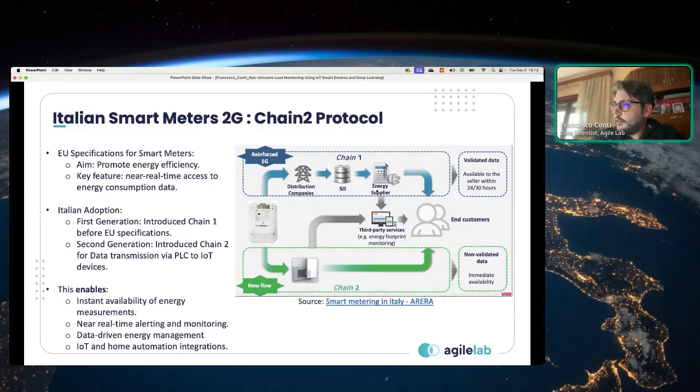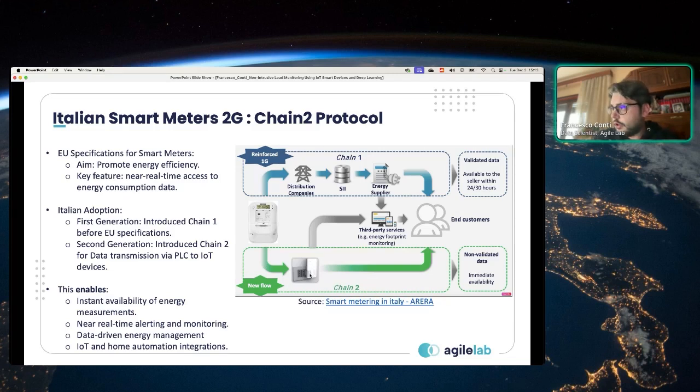But this path takes at least 24 hours, so it's not suitable, as you can imagine, for near real-time applications. And for this reason, Italy adopted a second generation of smart meters that introduced the Chain 2 protocol, that you can see in green here in the picture.